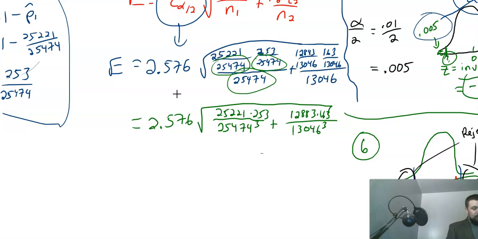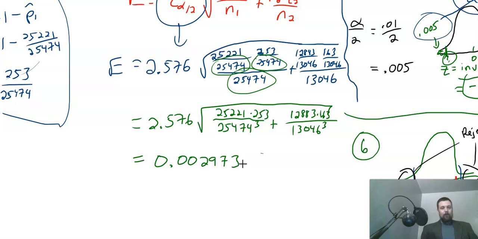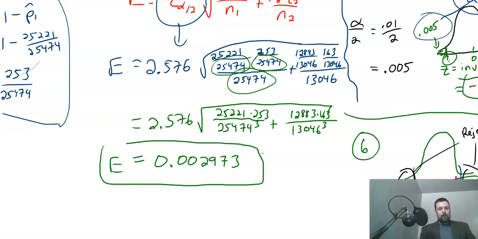Close the parentheses on the square root, and I get quite a small margin of error here. We get 0.002973. I don't know, 4 significant digits, I guess, will be fine. So that's the margin of error.